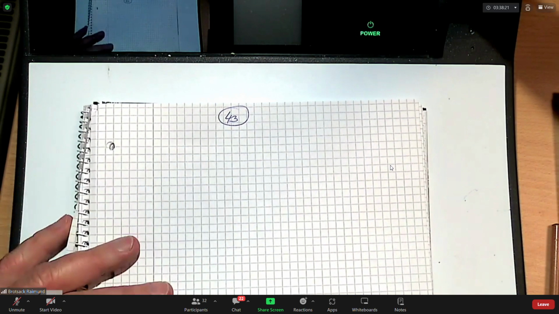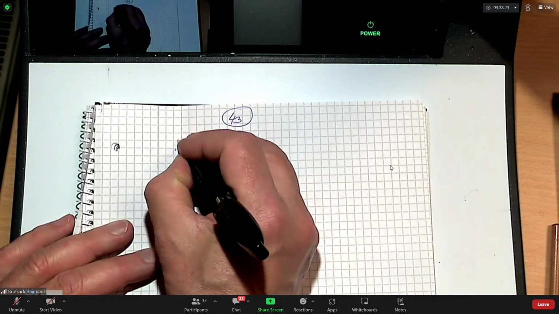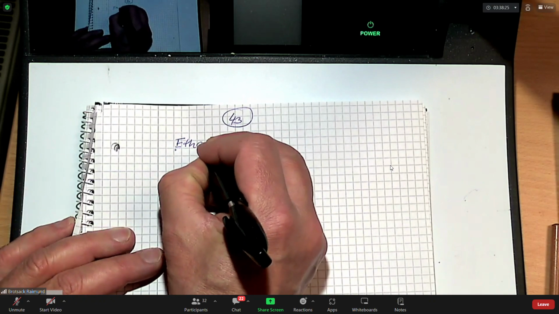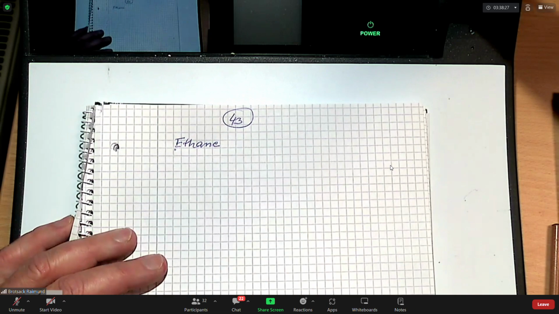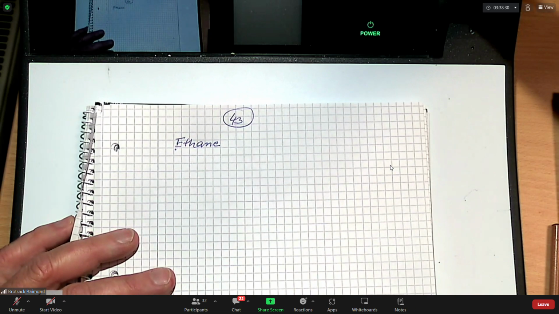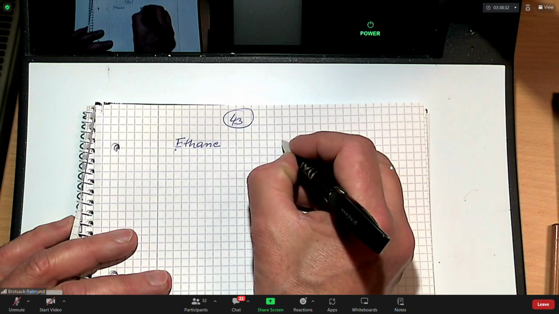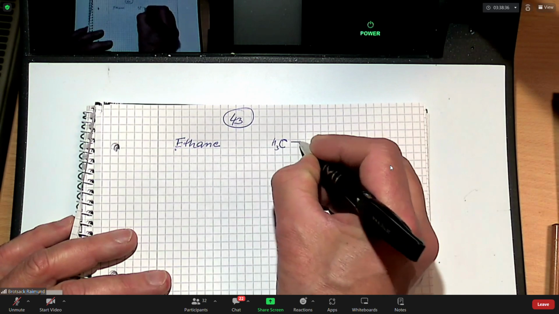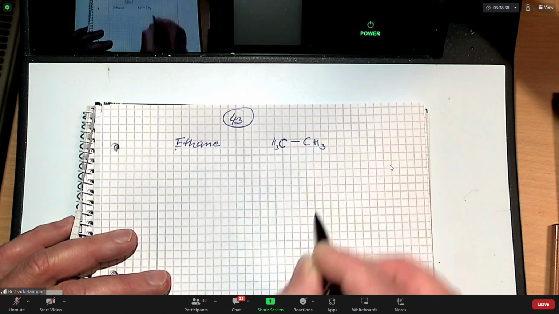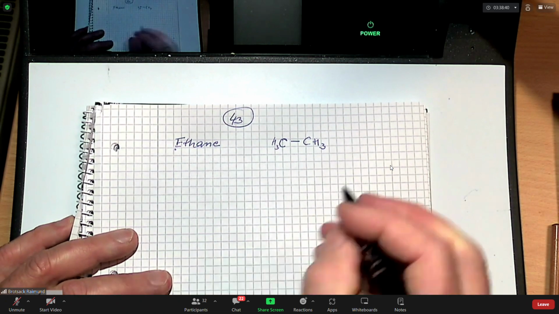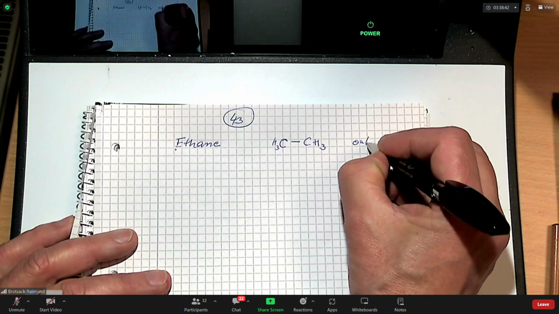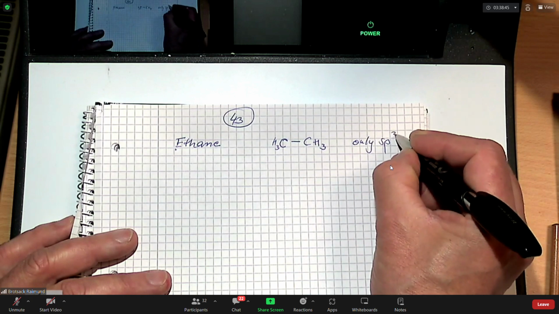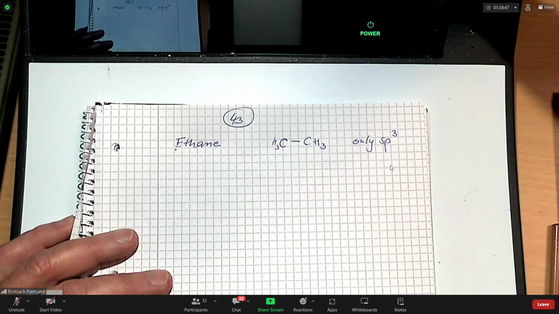Let's talk about ethane. We do not have any double or triple bond, only single. So this is CH3, CH3. Only sp3. No double, no triple bond.